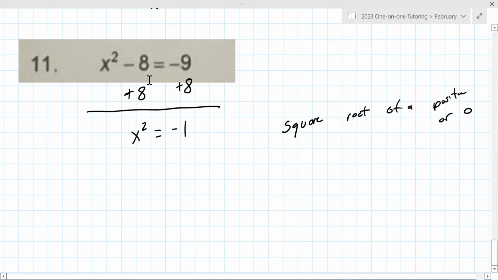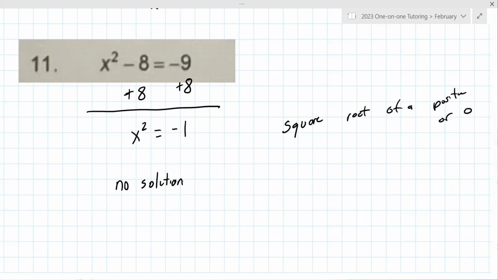Is the number on the right positive or 0? No. This has no solution for right now. Depending on what you do in class, you may or may not learn that there's a solution to this. Any questions on that?